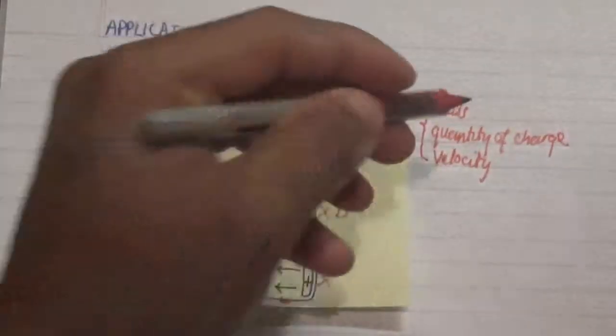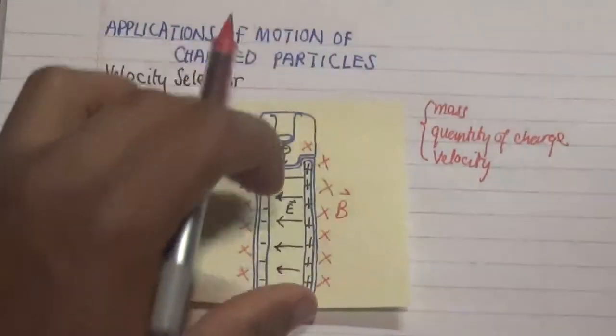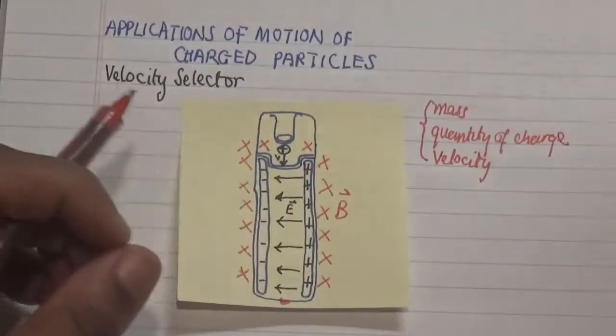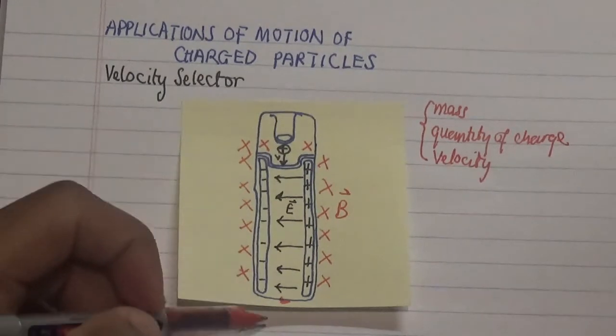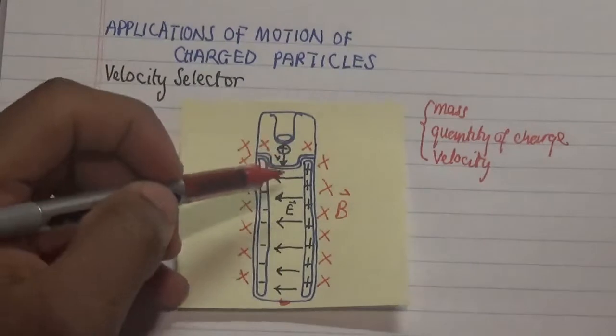Now, once we take into consideration all these properties and also the electrical field and magnetic field, we need to consider what we need this particle to do. We want it to hit the detector, right? So it must go in a straight line.